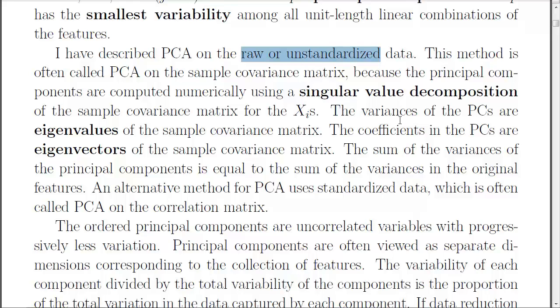The variances of the principal components are called eigenvalues in a singular value or an eigenvalue decomposition, and the coefficients of the principal components are given as eigenvectors of the sample covariance matrix. If you've taken linear algebra, those will be familiar words to you. If not, they're not critical to know for the sake of our class.